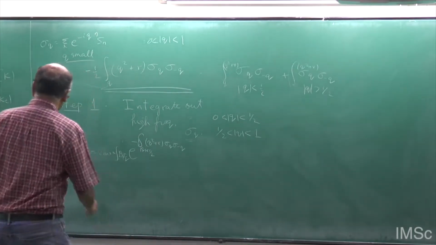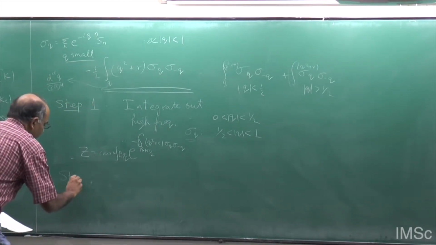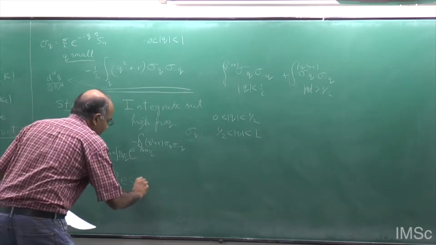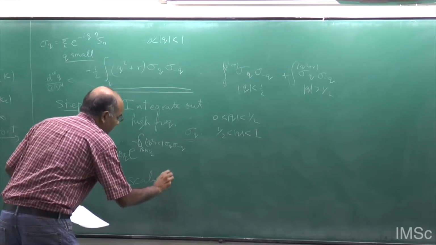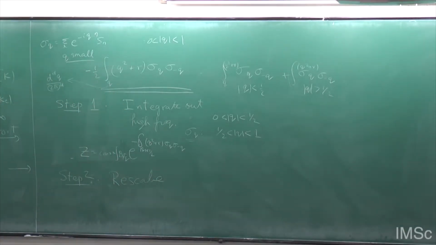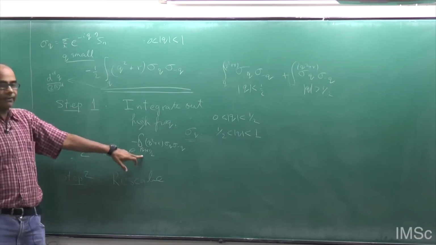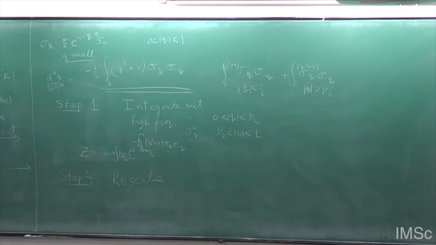So what is step 2? So you do some rescalings. Okay. So what's the purpose of rescaling? The purpose of rescaling is that you want your action to look exactly the same as the original action, except for some differences in the parameters. This action doesn't look the same because the range of integration is different. So we want to bring it back to the same range.